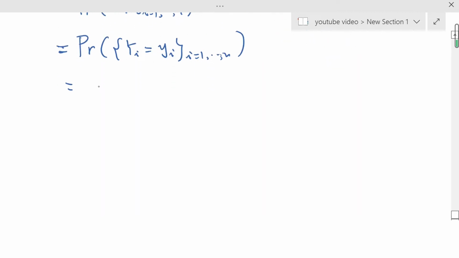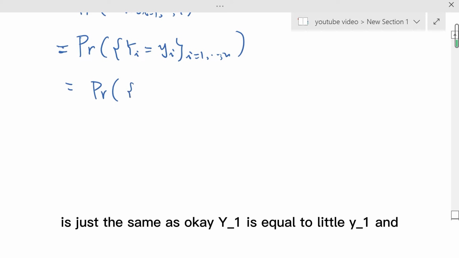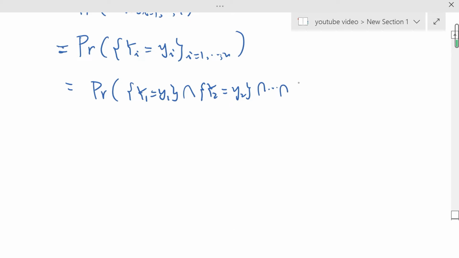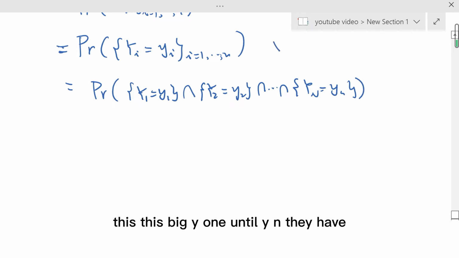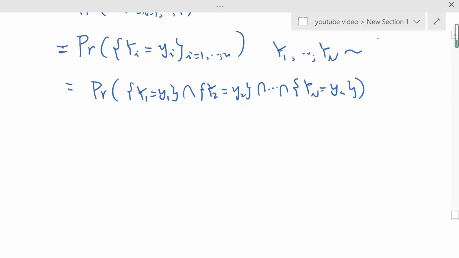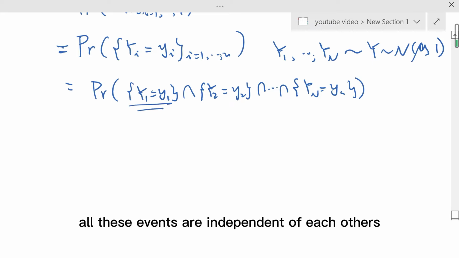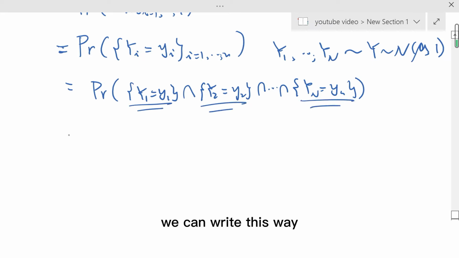This is just the same as Y1 equal to little y1 and Y2 equal to little y2 and so on. These Y1 until Yn have the same distribution, which is normal with mean mu and standard deviation 1. Now, because all these events are independent of each other, we can write it this way.